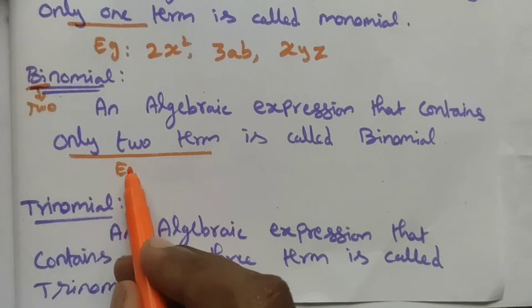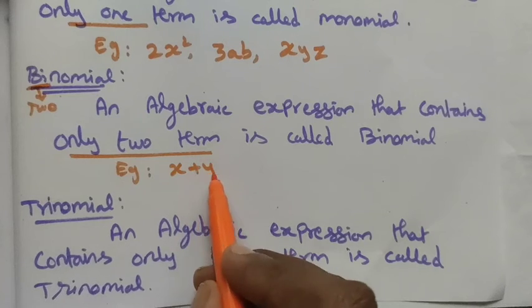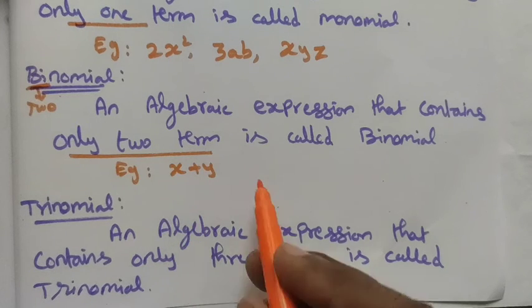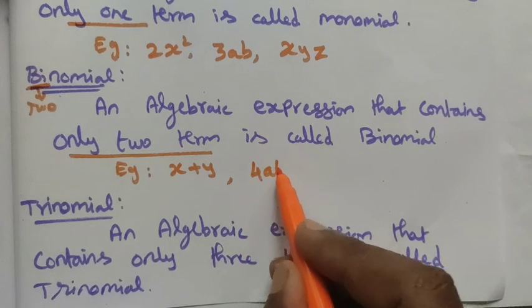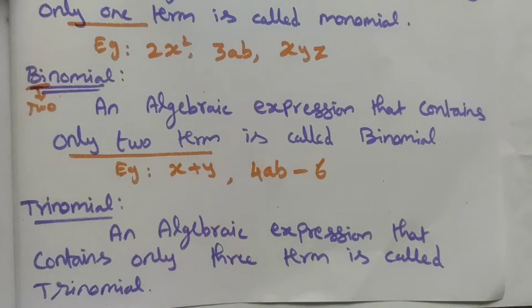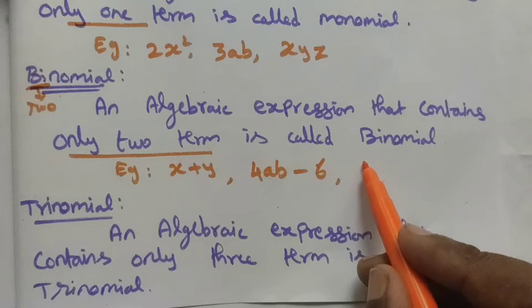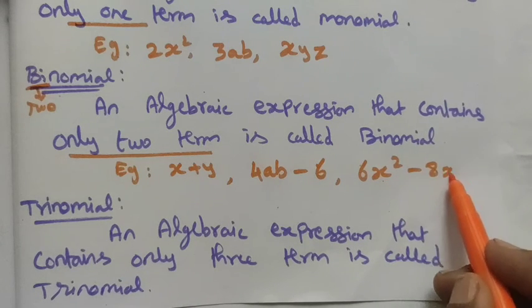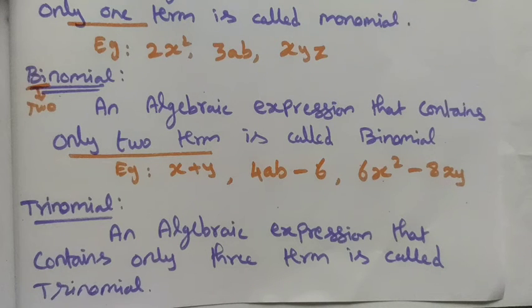For example, x plus y, the terms are split by the arithmetic operation, right? x plus y, or 4ab minus 6, or 6x square minus 8xy. These are the examples for binomial.